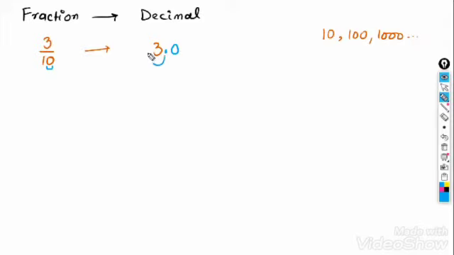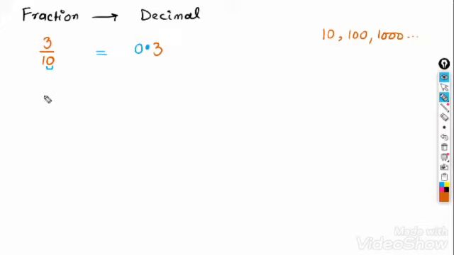Now my decimal will shift before 3. So in order to make this decimal visible, I will write 0 in front of this decimal, so it will become 0.3. So 3 upon 10 is equal to 0.3. Both of them are equivalent to each other. The fraction is equivalent to 0.3 as a decimal, and the same goes for the decimal.